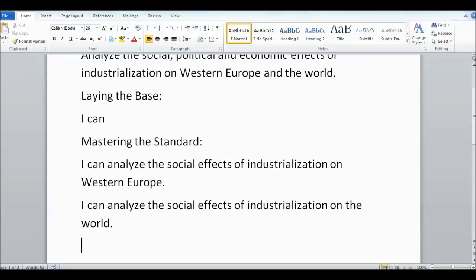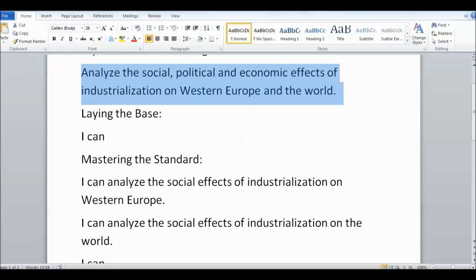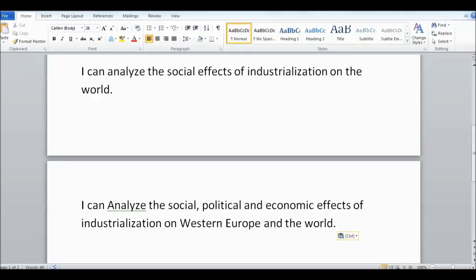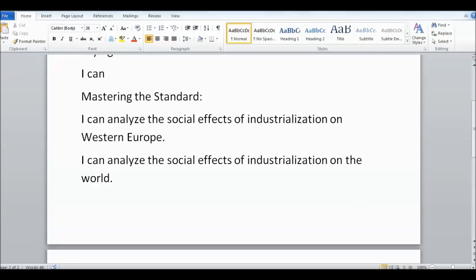I also need, I can analyze the political effects, and again, I might want to think about separating it out, and so forth and so on.